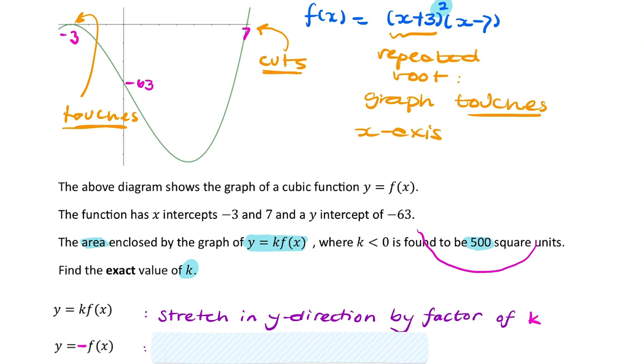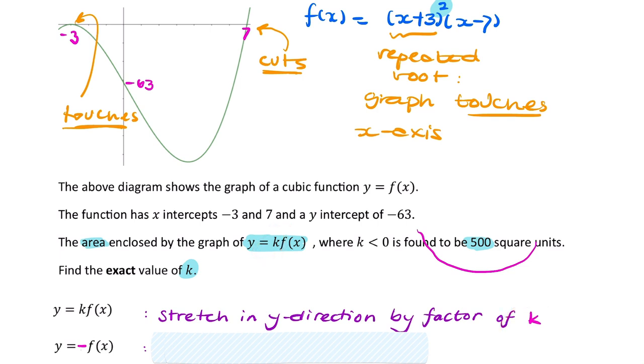So if you multiply by 2, then it'll be twice as big. If you multiply by half, it'll be half as big. So this is a stretch or a scaling in the y direction by a factor of k.